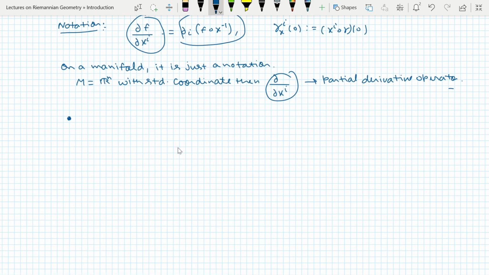I have defined these two operations and shown that they are well defined. So of course TpM is a vector space. But one thing that I have not done is that if you have a manifold M and the dimension of M is n, then the dimension of TpM is also n. So please check it from the book.